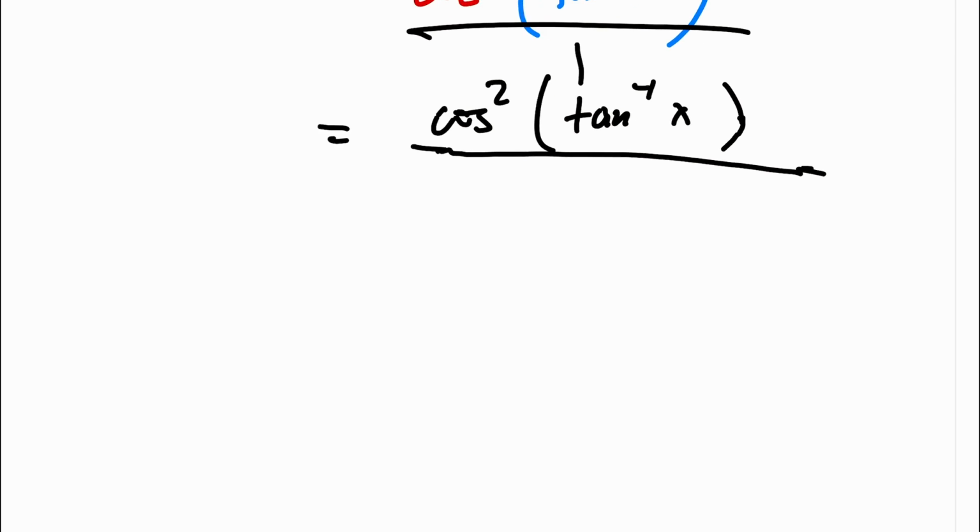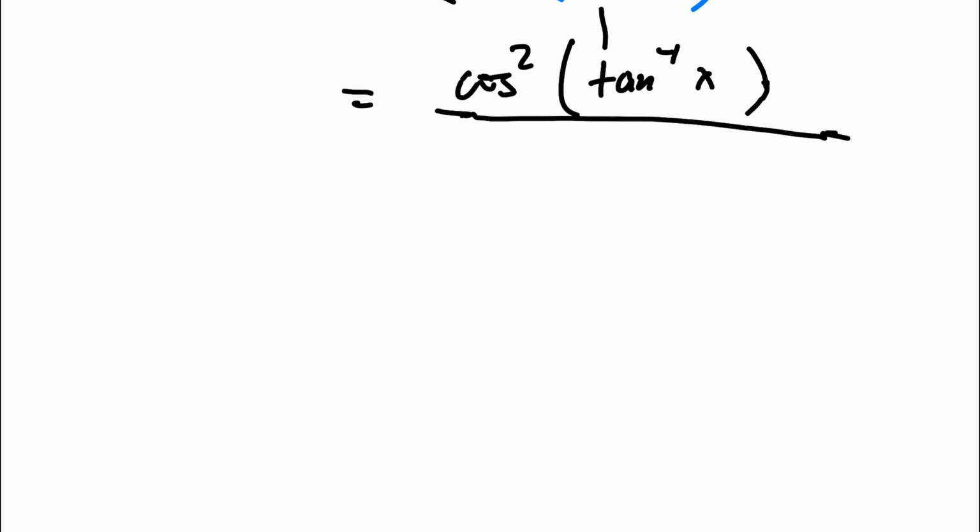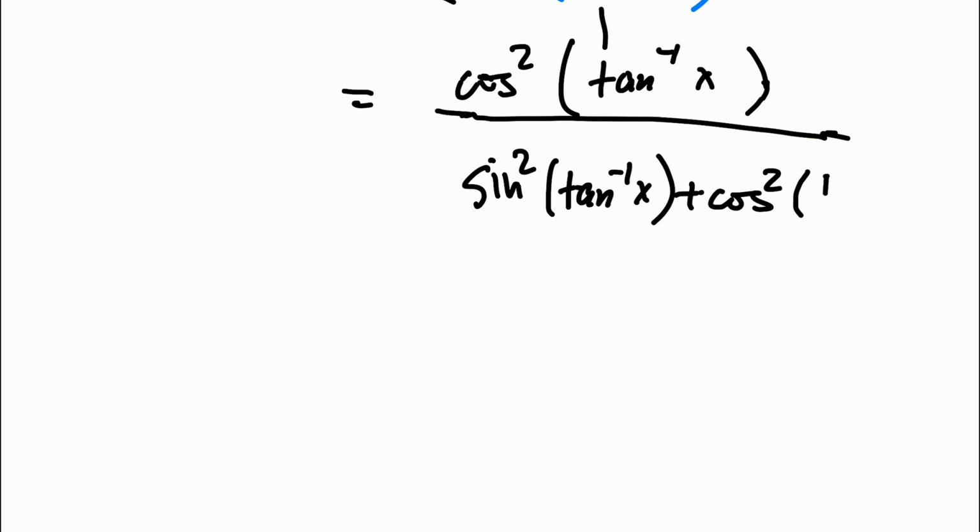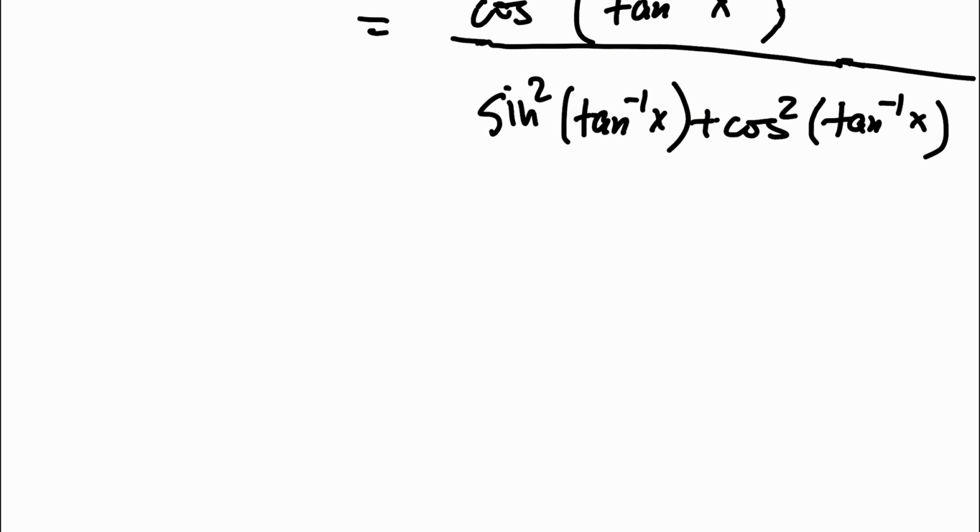Obviously, that is just going to be the sine squared plus cosine squared thing. So that would be sine squared of tangent of negative 1 of x plus cosine squared of tangent to the negative 1 of x.